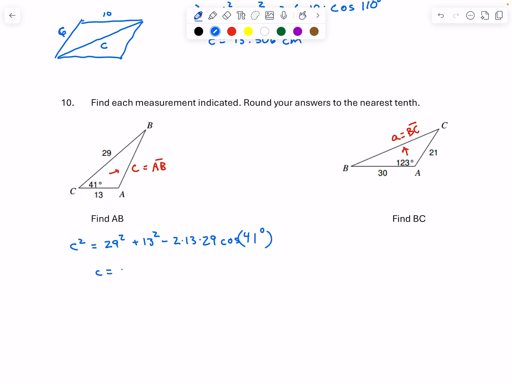Don't forget to take the square root. Almost 21. Not too bad.